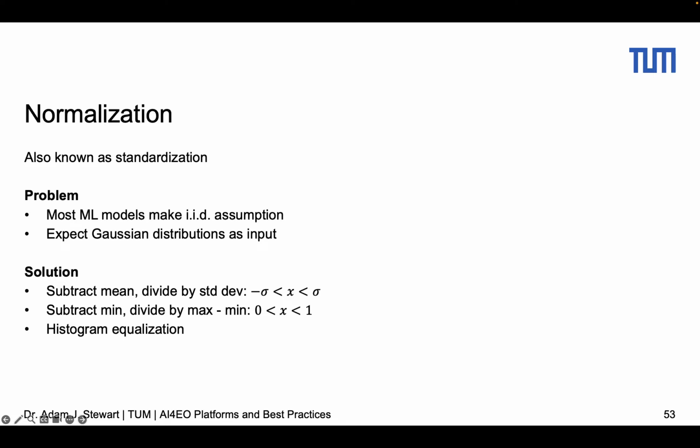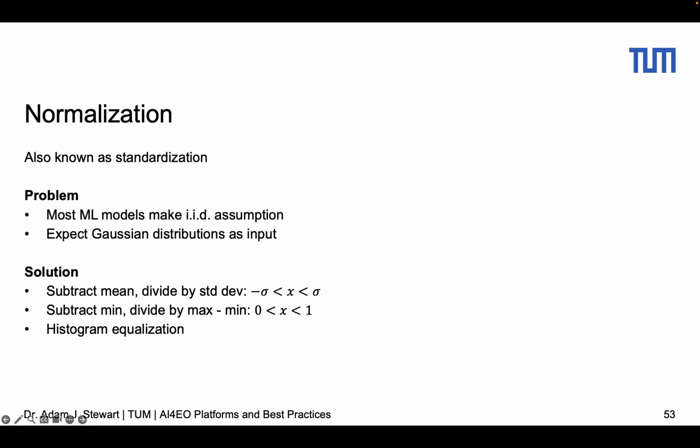If I have multiple values, for example, wind speed and temperature, maybe wind speed is typically a very large number and temperature is typically a very small number. That does not mean that wind speed is more important. So I normalize these both to the range of -1 to 1, and then all of a sudden they can be influencing the model to the same extent.